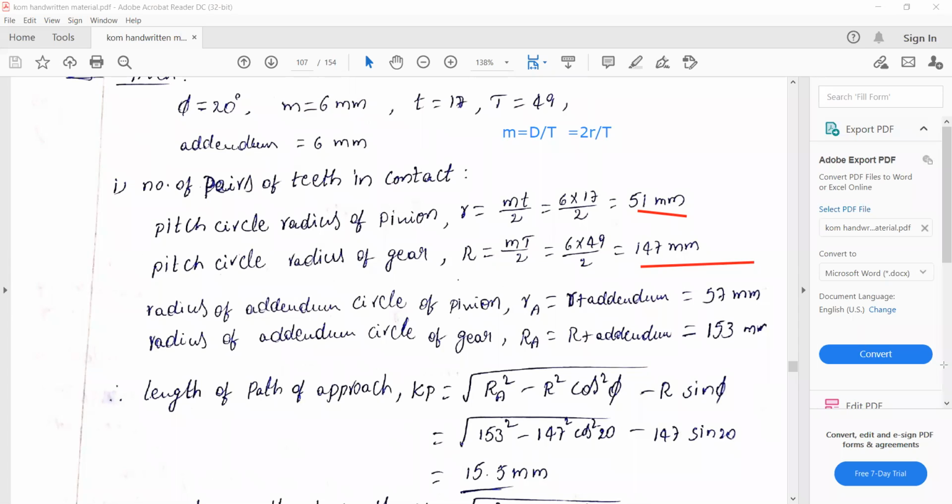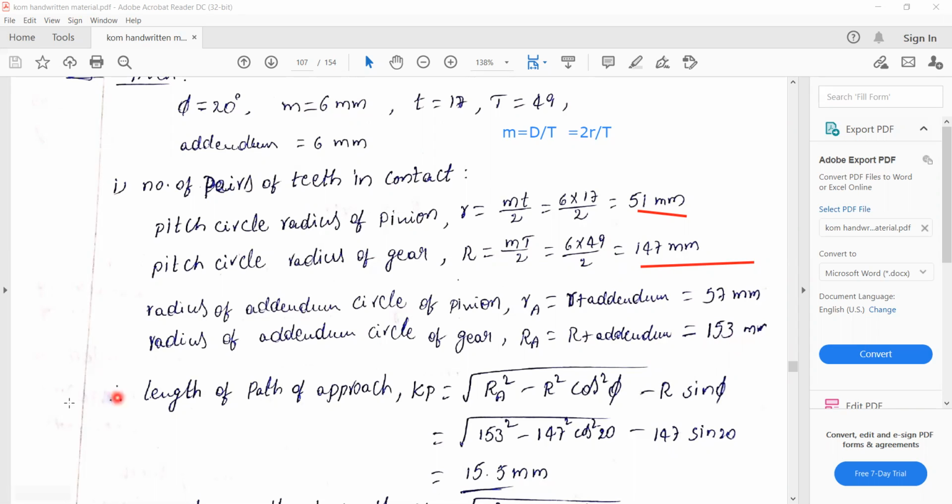Substituting that value, we get 57 mm. Similarly, the radius of the addendum circle of the gear wheel is 147 plus addendum, 153 mm.